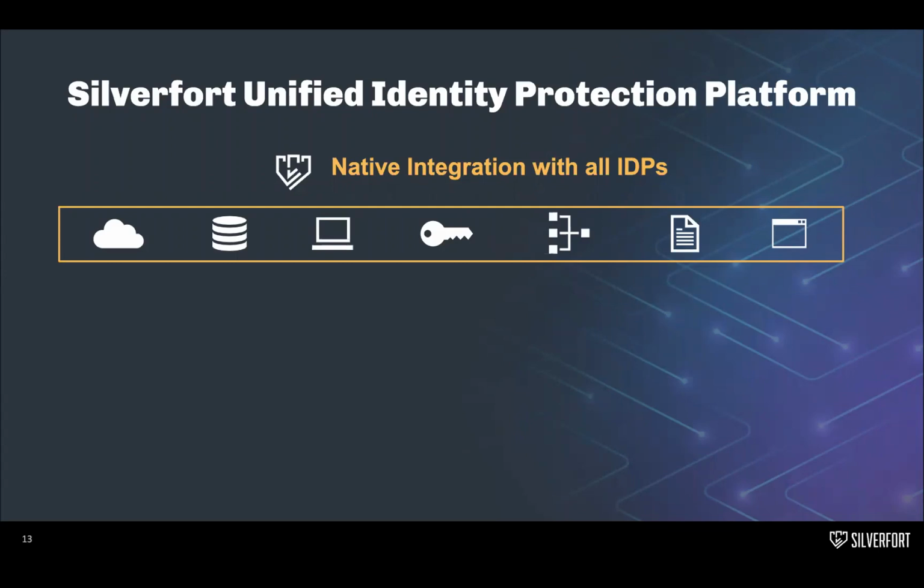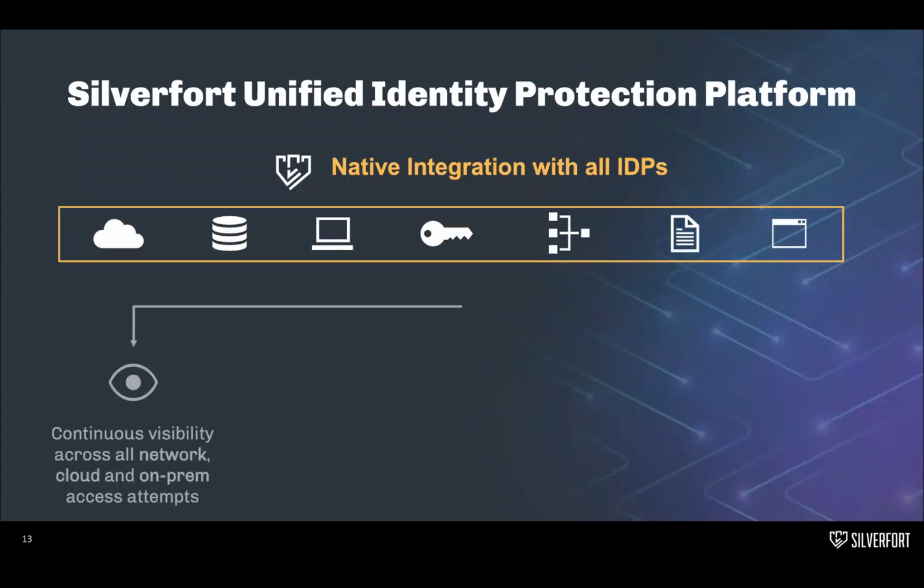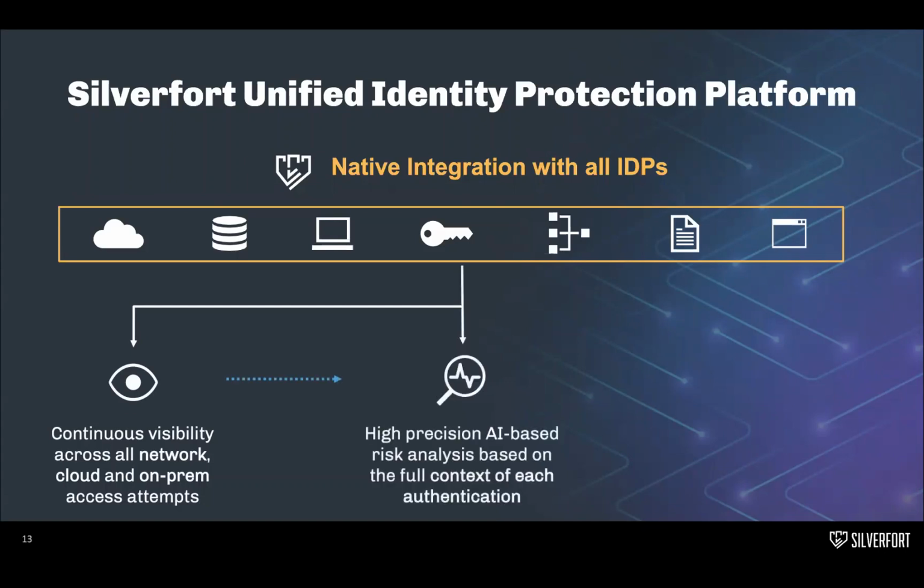So it doesn't matter whether we are talking about cloud access, database access, endpoint access, PAM access, VPN, file share, legacy application. On each and every authentication made by each and every user, Silverfort applies continuous visibility across all network, cloud, and on-prem access attempts, and performs high precision AI-based risk analysis based on the full context.